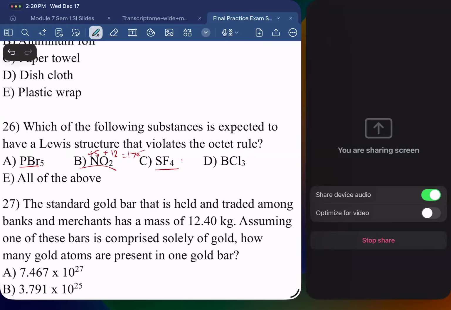Sorry, not wrong, it would violate the octet rule. Sulfur tetrafluoride, that's 6 plus 28, which is 34. If I drew all these things out, it would be something like this. And then it'd be 8, 8, 8, 8. And then there'd be 2 extra electrons on sulfur, like that.